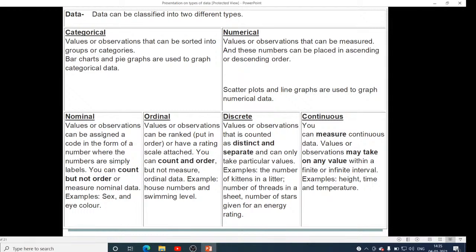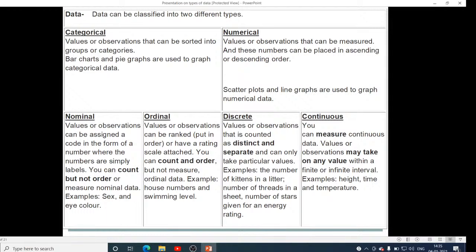So you can take any value within the range, 0 to 20. Whatever it may be, we can take a particular value within a finite or infinite interval. Examples are height, time and temperature.